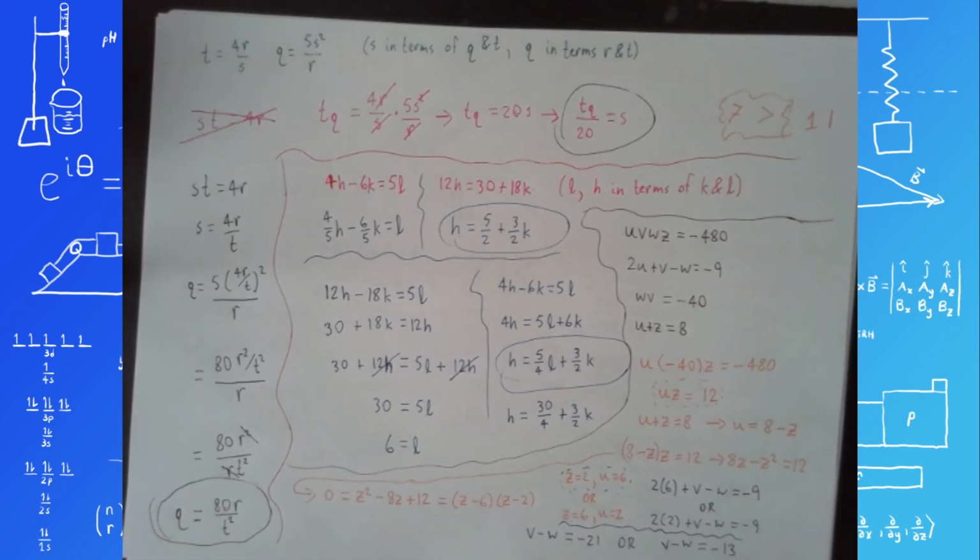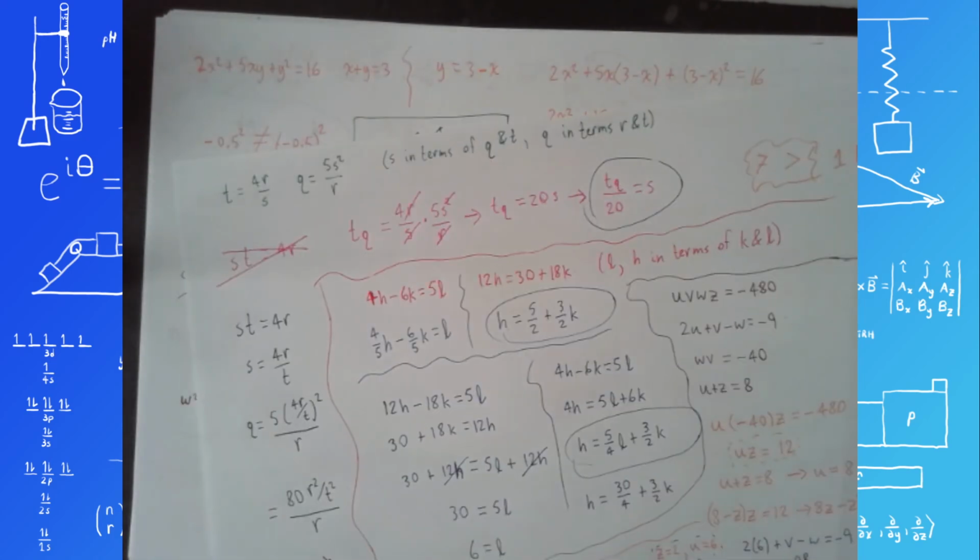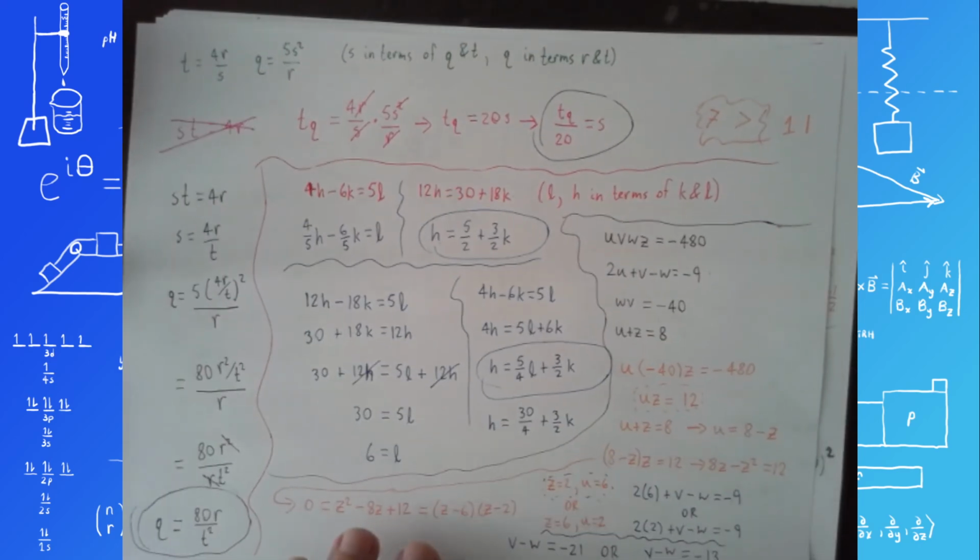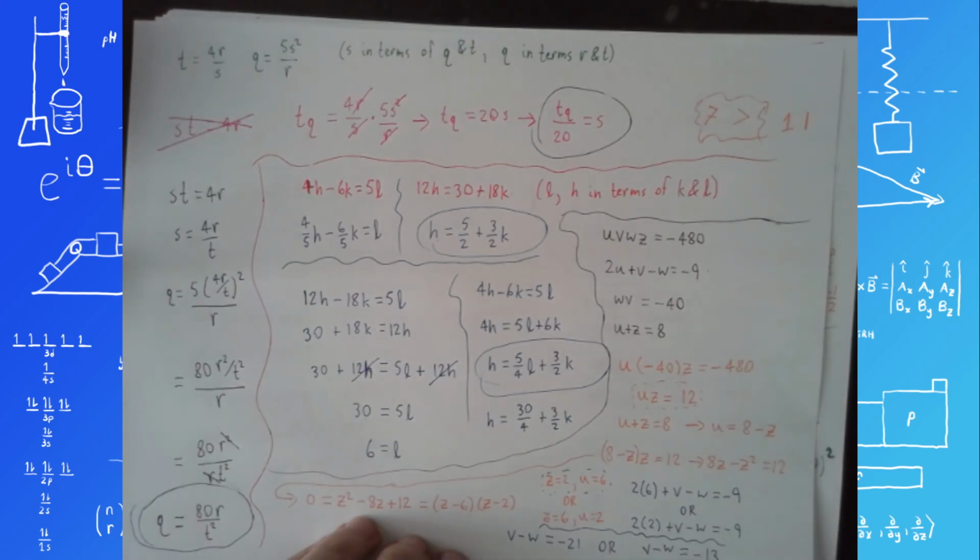Okay, let's continue this on a new sheet. Actually, we've got the backside of the current sheet. So I'm going to copy over w times v equals -40 and these.